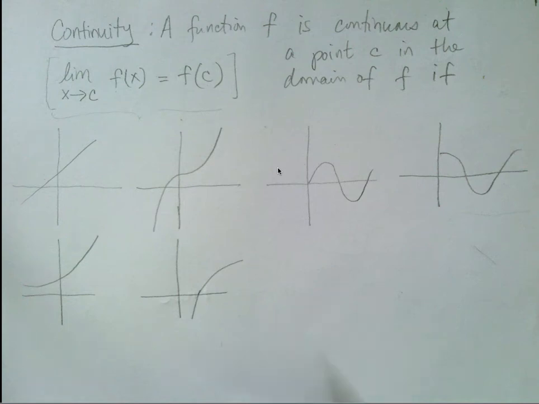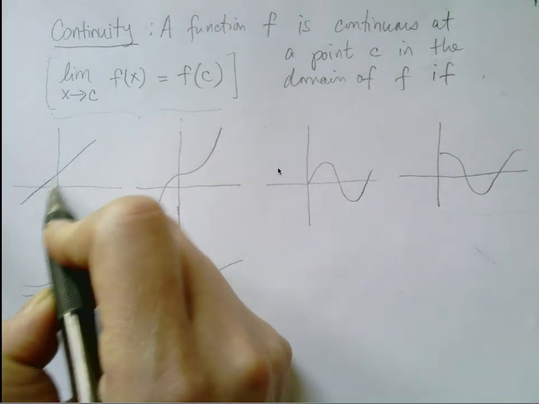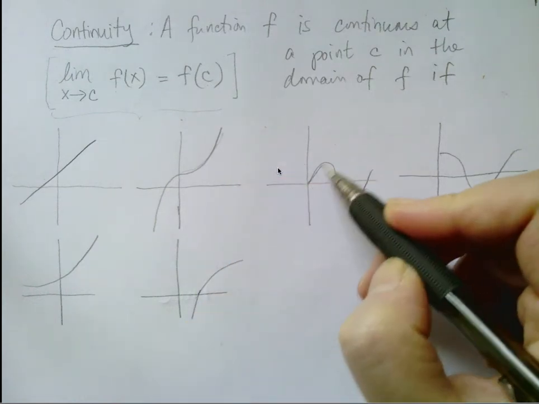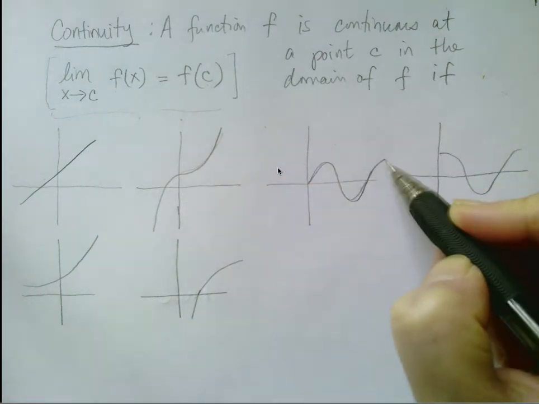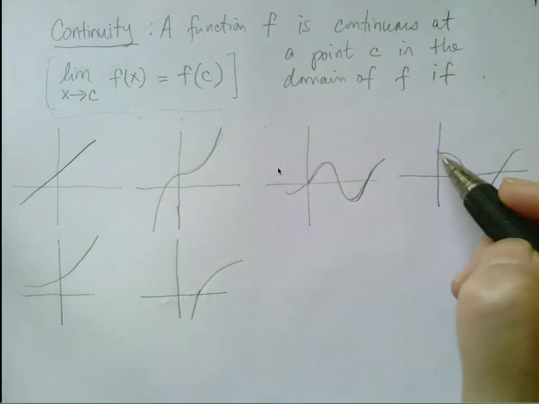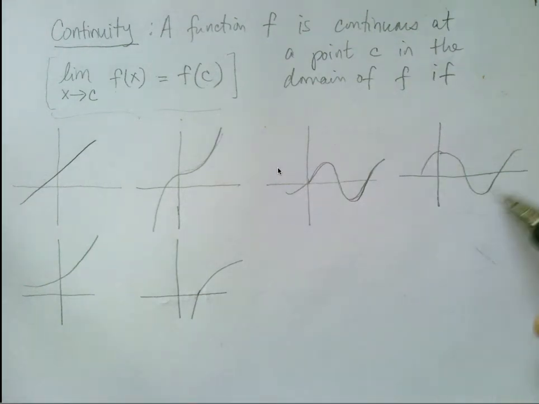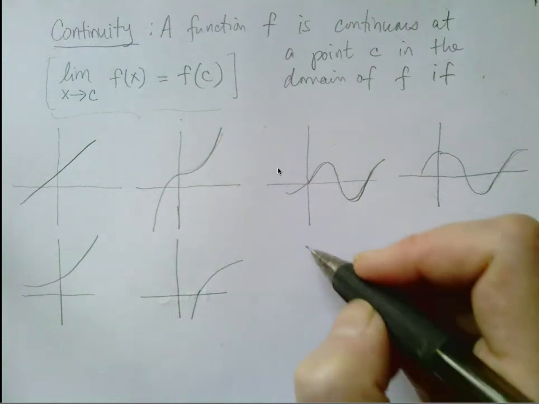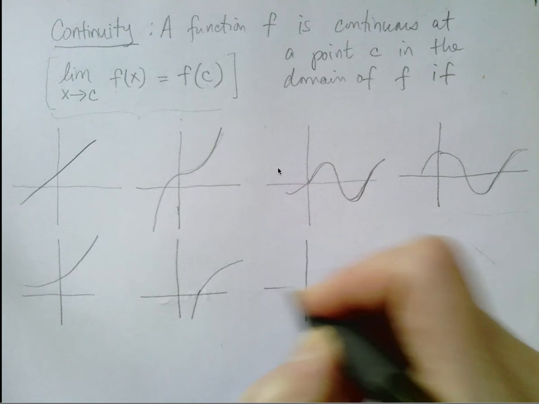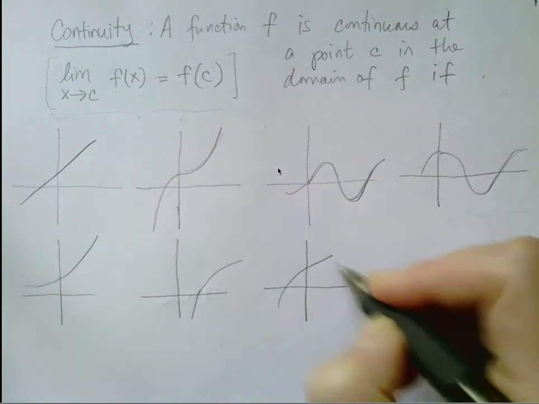Okay, notice when I drew all these functions, I could draw all of them without taking my pencil off the paper. So a function is continuous intuitively if you can just draw it without ever taking your pencil off the paper. So here's an example of a function that's not continuous at a point.